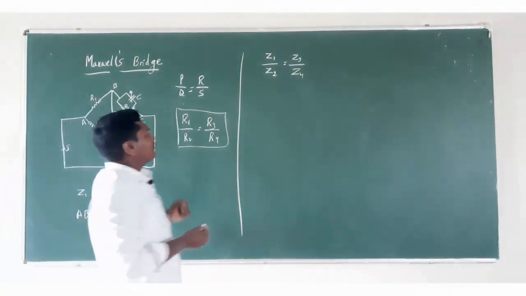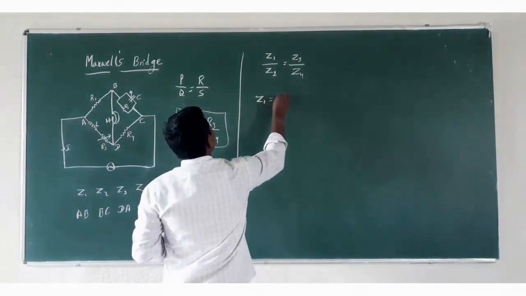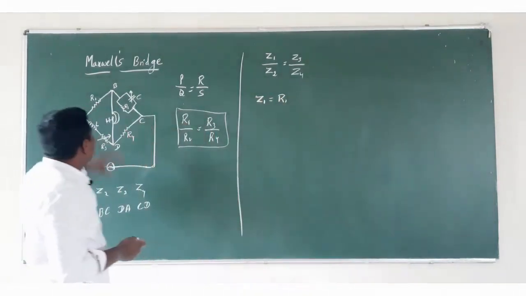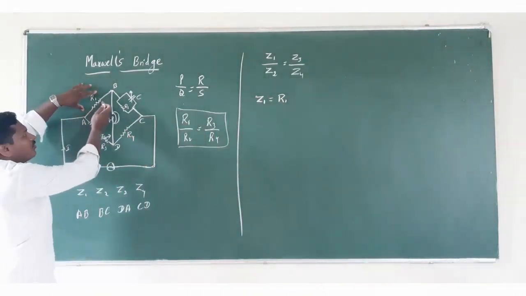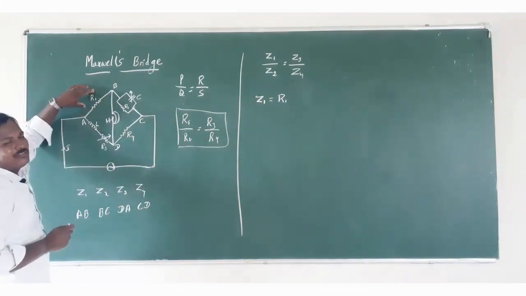Here Z1 is equal to R1 because in this branch we are using only a resistor, and its value is R1.